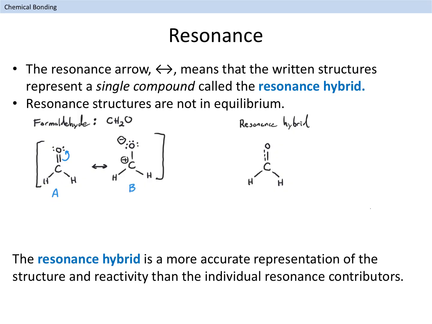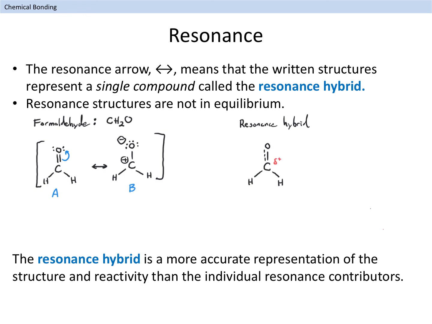Now that the bonds are drawn in the hybrid, let's include information about charges. Because we are averaging resonance form A, which has no formal charges, and resonance form B, which has a -1 charge on oxygen and a +1 charge on carbon, our hybrid shows partial charges on the carbon and oxygen atom.